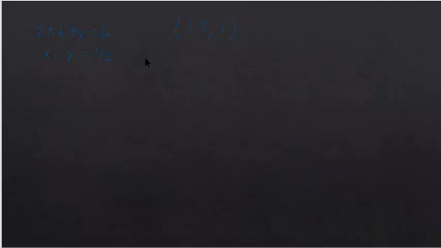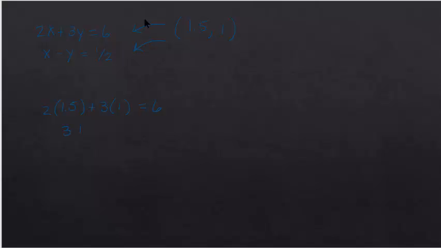And let's plug them in just to make sure it works. So if we plug these in, then if it's the right answer, we should get a true equation for this and a true statement for this one too. So the first one, 2 times 1.5 plus 3 times 1 should give us 6.